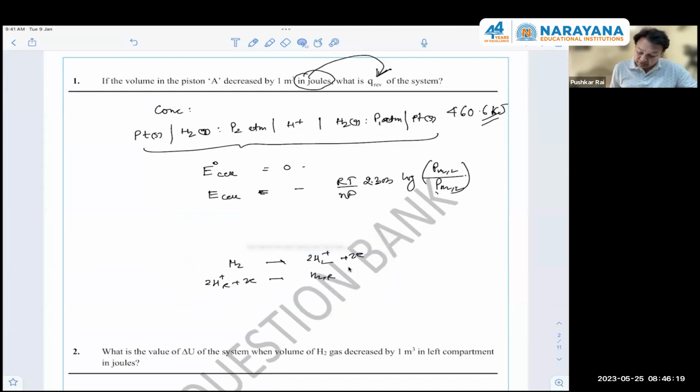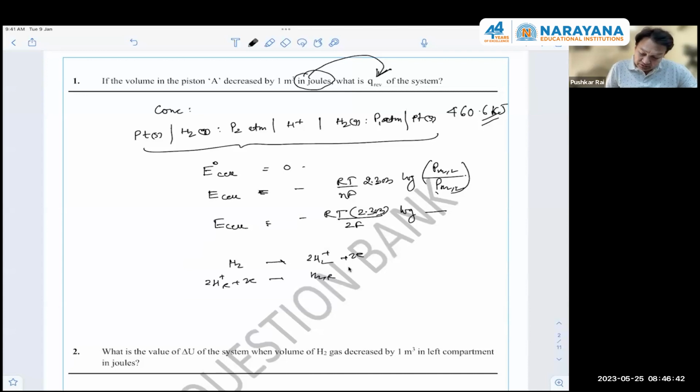The concentration cell, so definitely E cell is not going to be 0. And E cell, if you calculate, will be given by minus RT into 2.303 upon 2 into F, and this is log.